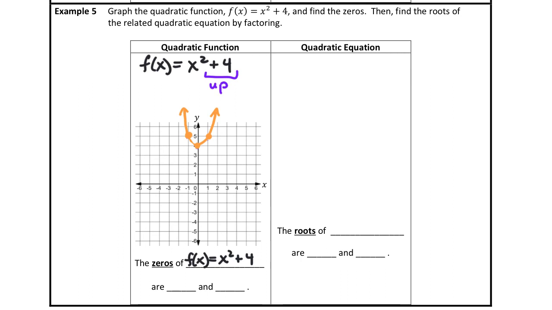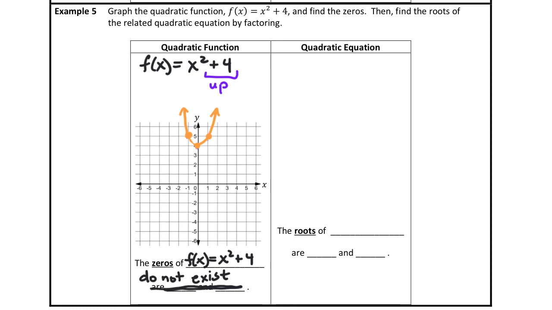No. So the zeros of f of x equals x squared plus 4, I'm going to say do not exist, right? Or you could say that there are no zeros, because the graph doesn't even intersect and will not intersect the x-axis.